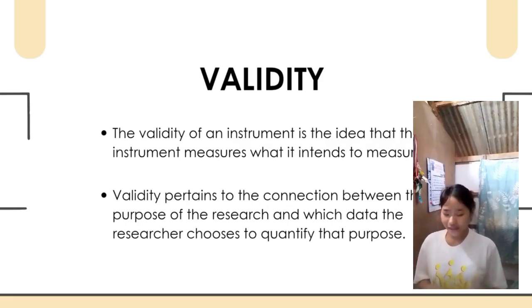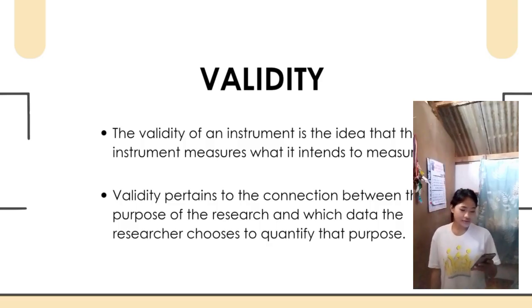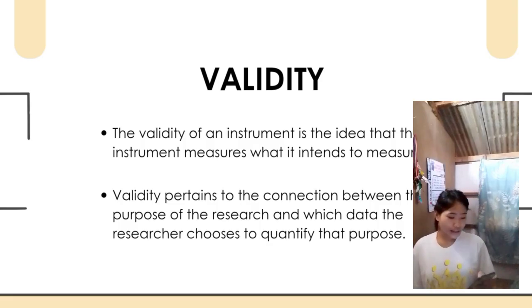Next is validity. The validity of an instrument is the idea that the instrument measures what it intends to measure. Validity pertains to the connection between the purpose of the research and which data researchers choose to fulfill that purpose.